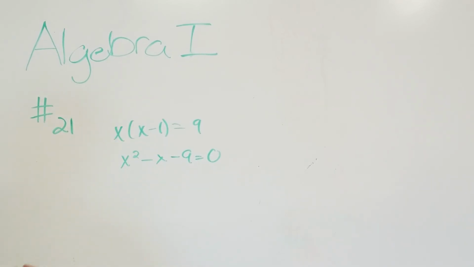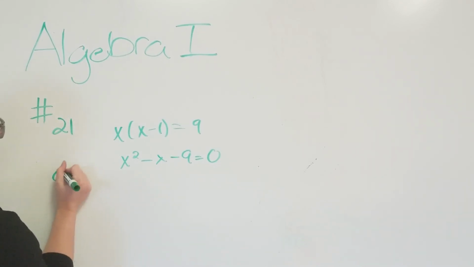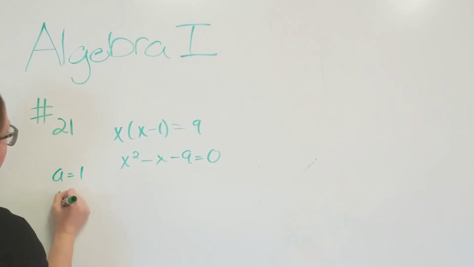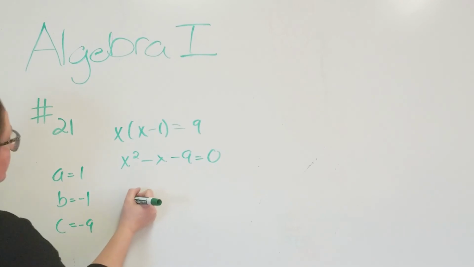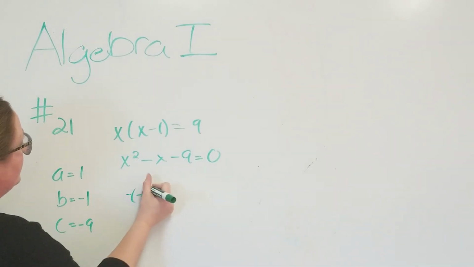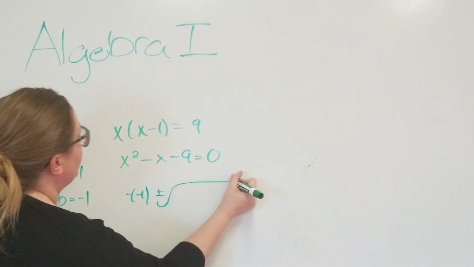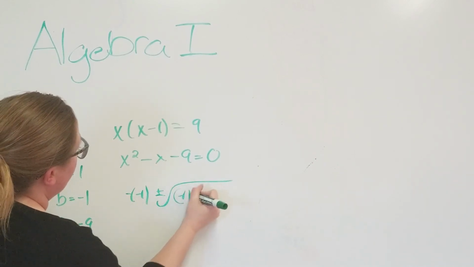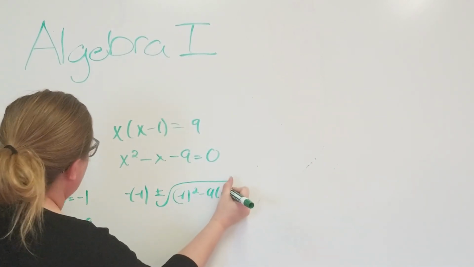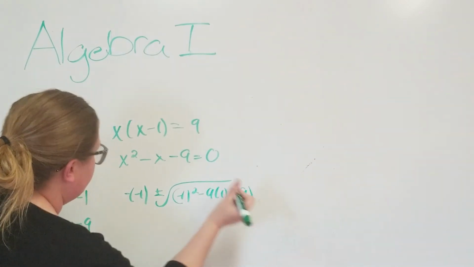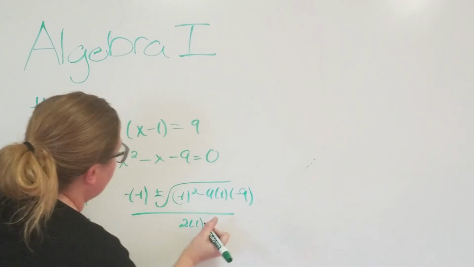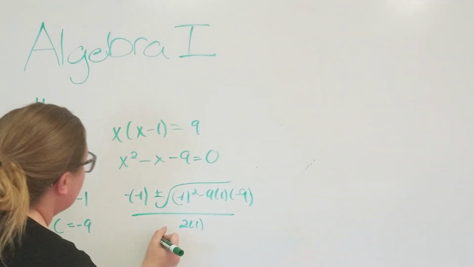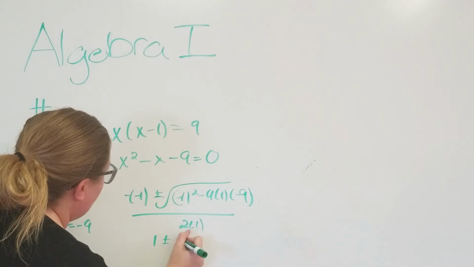So a in this equation would be 1, b would equal negative 1, and c would equal negative 9. All right, so negative b, so negative 1, plus or minus the square root of b squared, so negative 1 squared, minus 4 times 1 times negative 9, over 2 times 1.